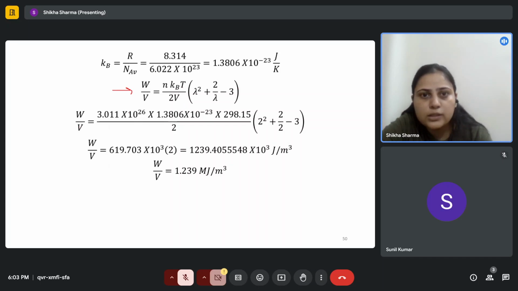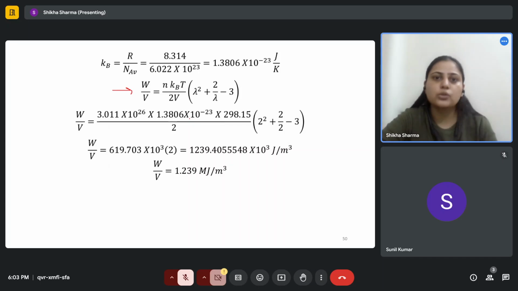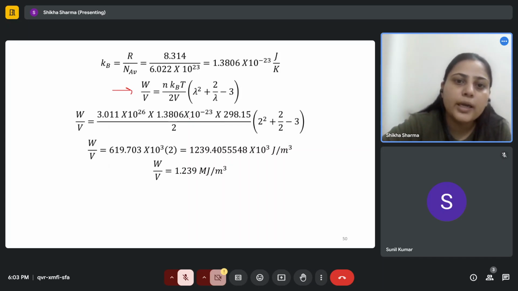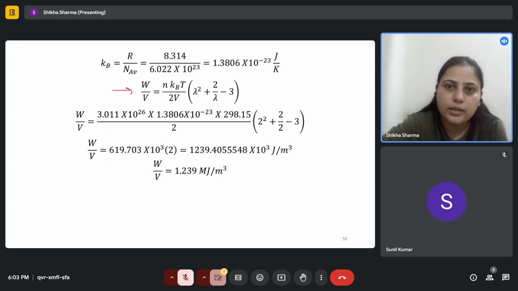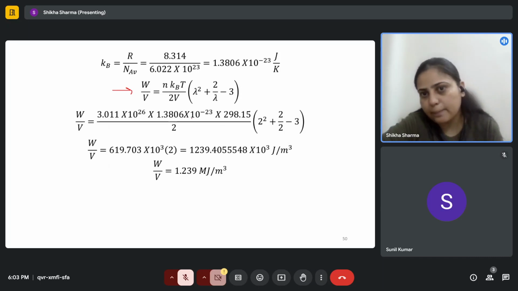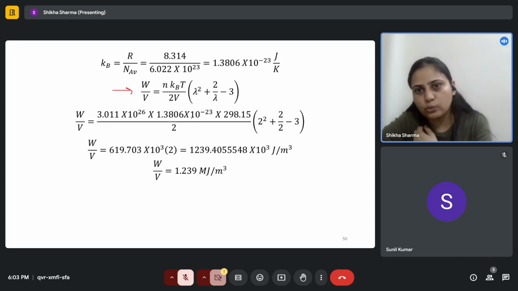So W by V equals 3.011 into 10 to the power 26, which we have just calculated, multiplied by kB, which is a constant, 1.3806 into 10 to the power minus 23, multiplied by temperature 25 degrees Celsius or 298.15 Kelvin.